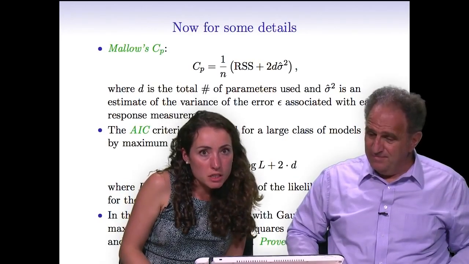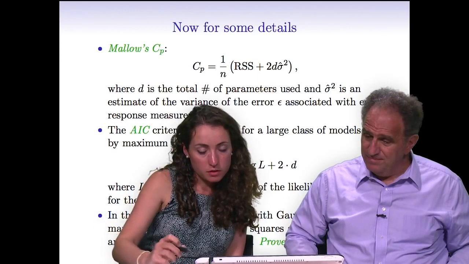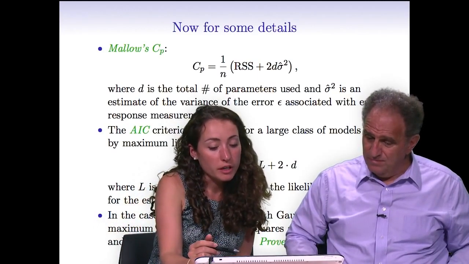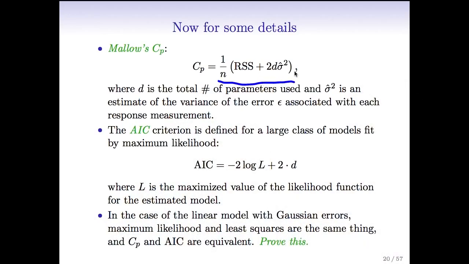Great. So now we're going to talk about Mallow's CP. And once again, this is an adjustment to the training RSS that gives us an estimate for the test RSS. And it's defined in this formula. So let's say we're looking at a model with D predictors.